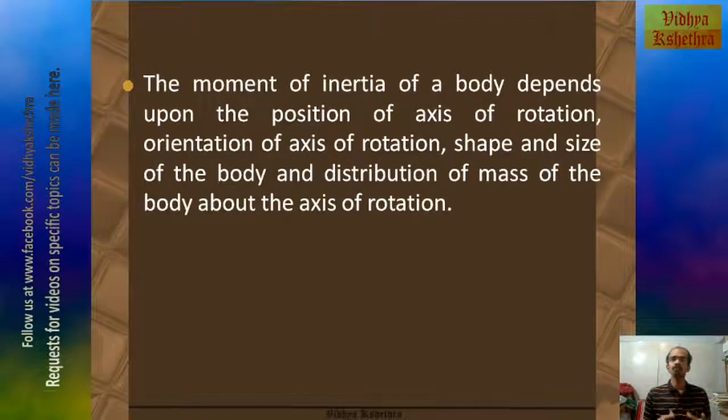The moment of inertia of a body depends upon the position of axis of rotation, orientation of axis of rotation, shape and size of the body, and distribution of mass of the body about the axis of rotation. Its unit is kilogram meter square.